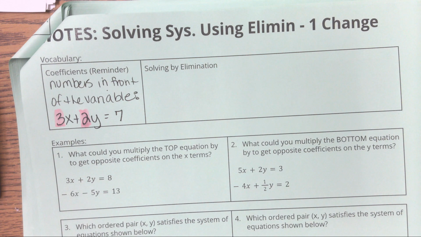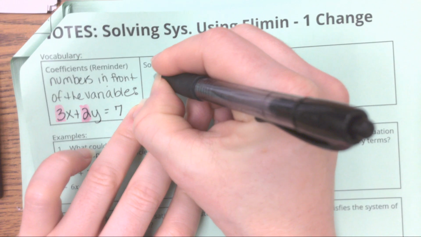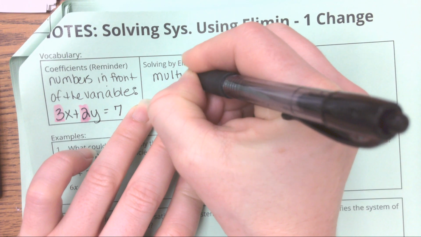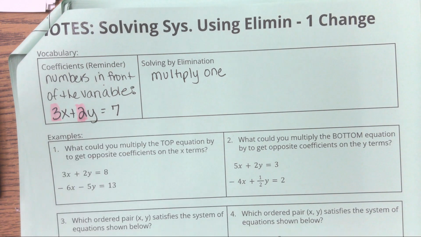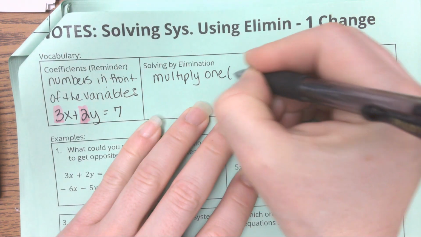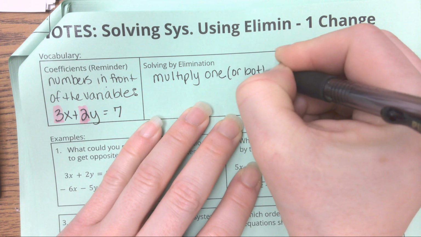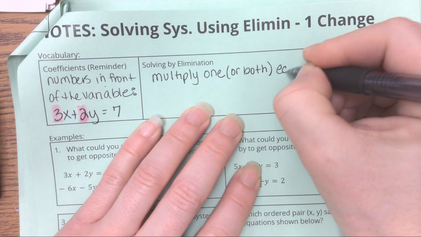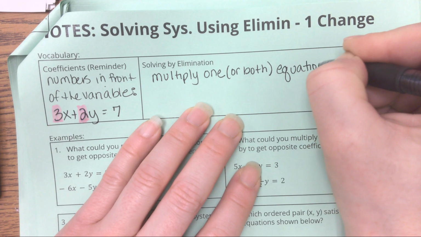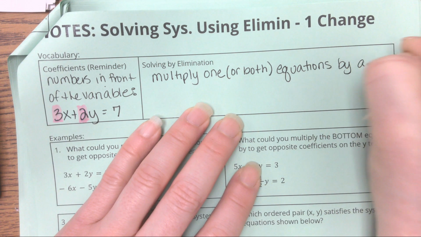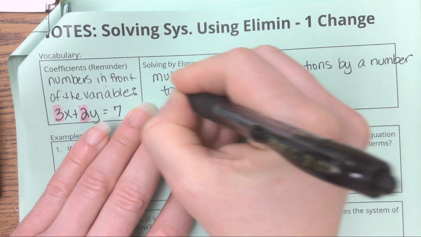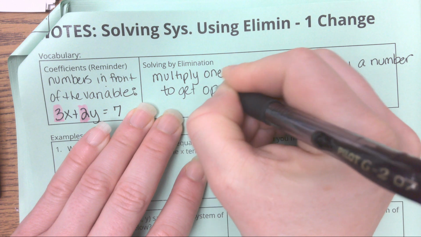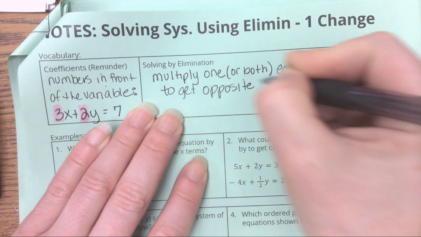So what is solving by elimination? Today, what we're going to do is multiply one equation, tomorrow it's going to be both equations, by a number to get opposite coefficients.